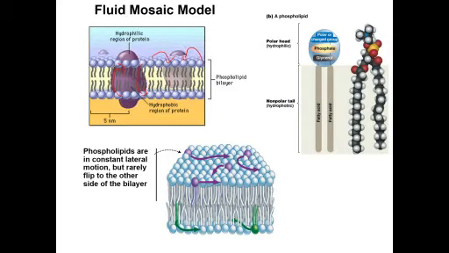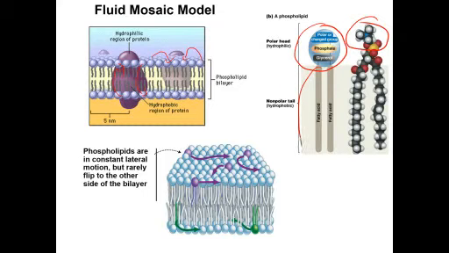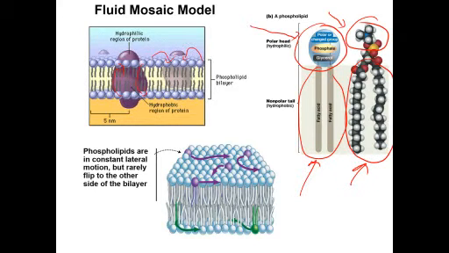Now, recall what the phospholipid molecule looks like. Here you have your phosphate group, and down below you have your fatty acid tails. This part of the molecule is polar, and this part is nonpolar. Hence the molecule is amphipathic.